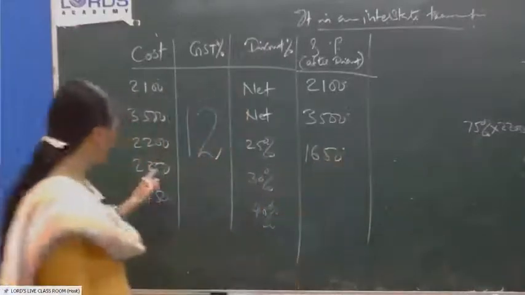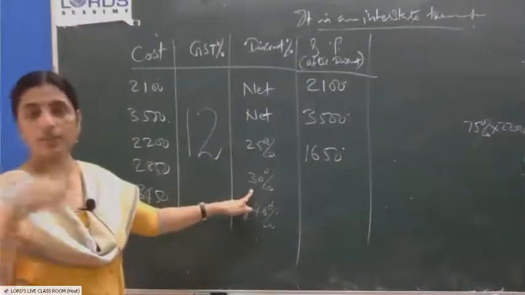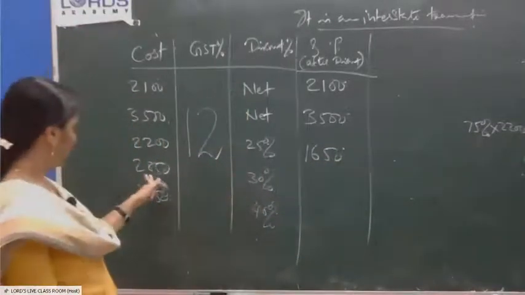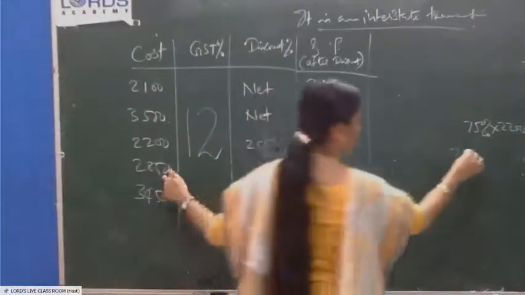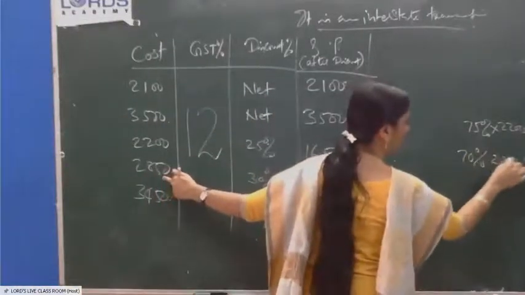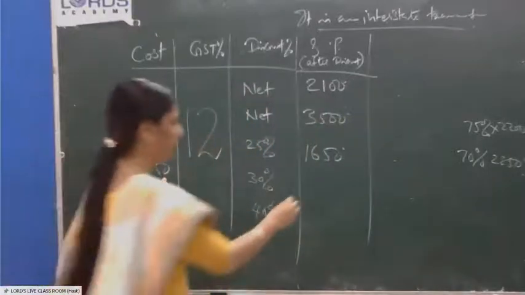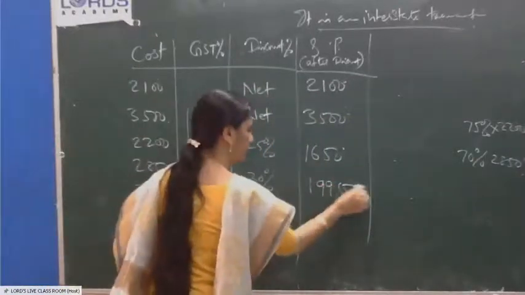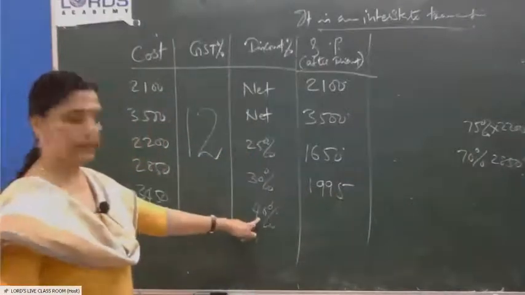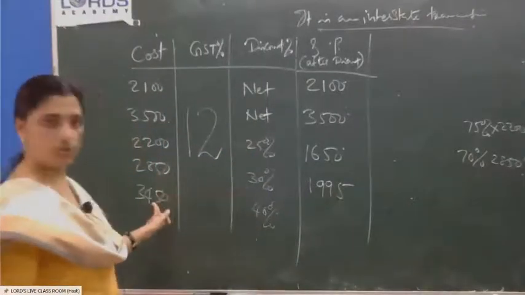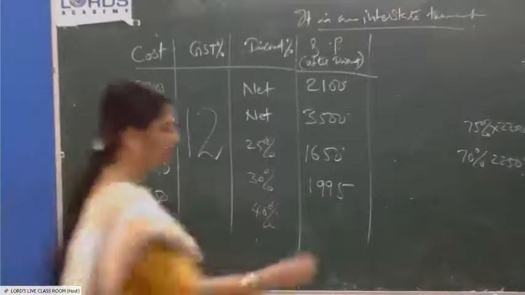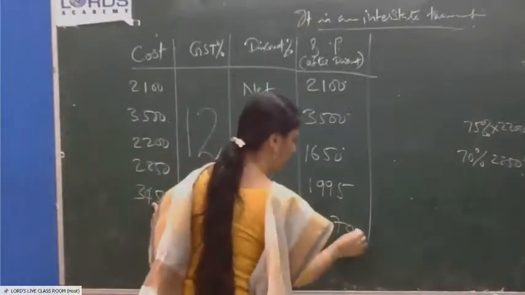Next, 2,850, 30% discount, so 70% value. 2,850, 70%. So working column, that you write, you will get 1,995. And 40% discount means 60% value. So 2,070.